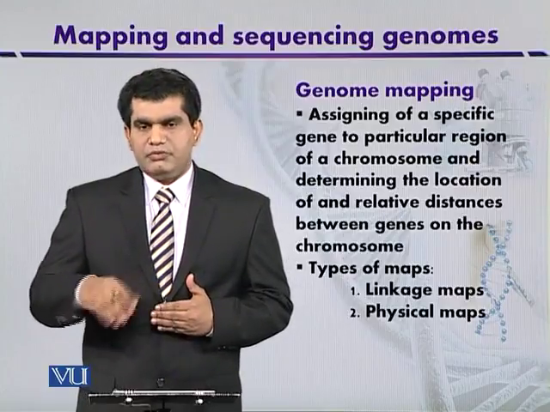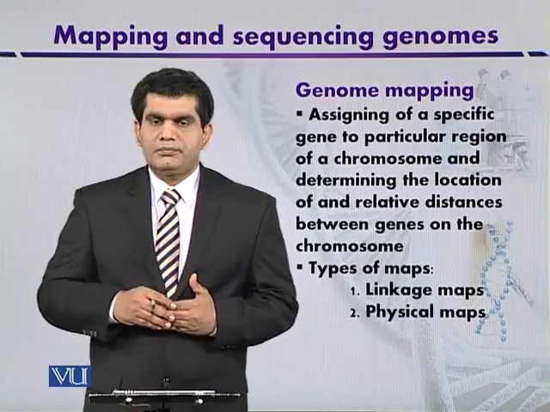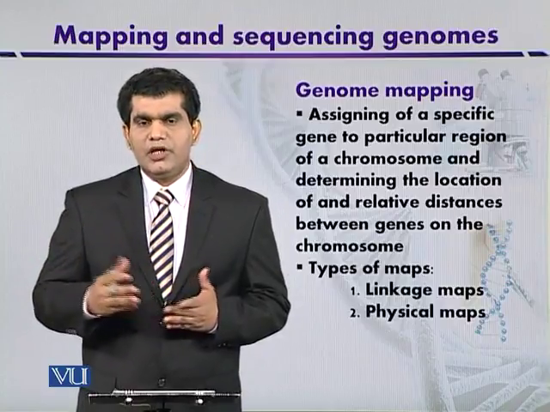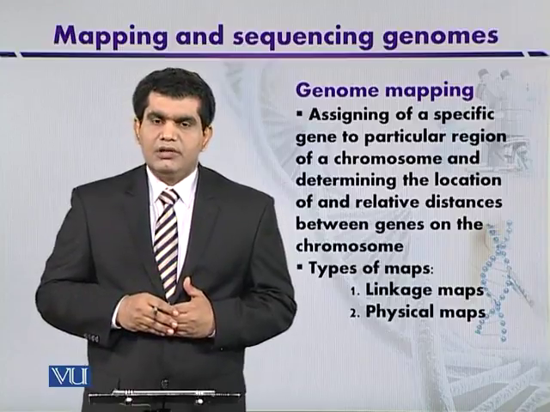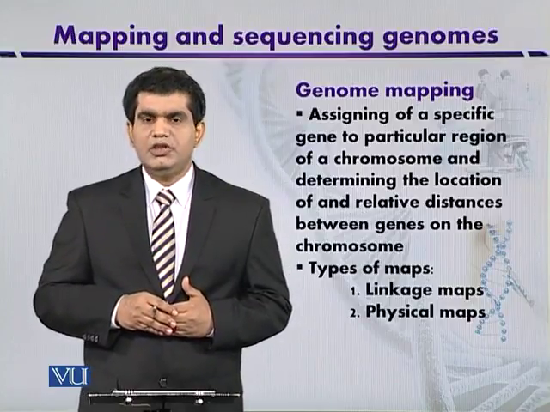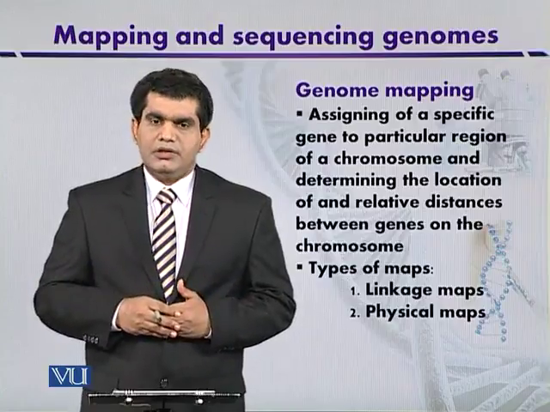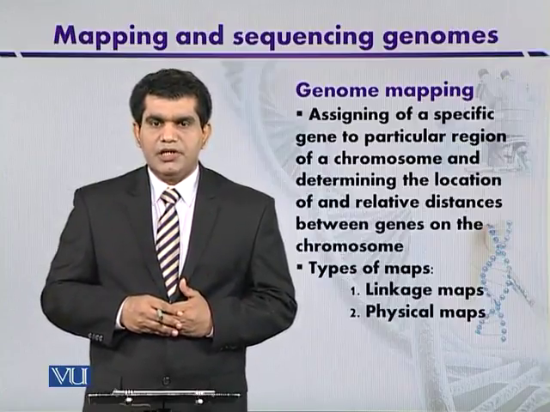Most famous one is the E. coli. So the genome sequence is known, full length sequence is available. Then what is the need of genome mapping? Because we have the sequencing already in place.